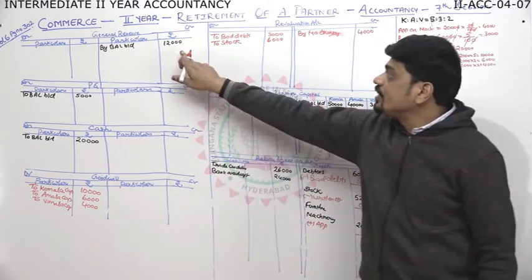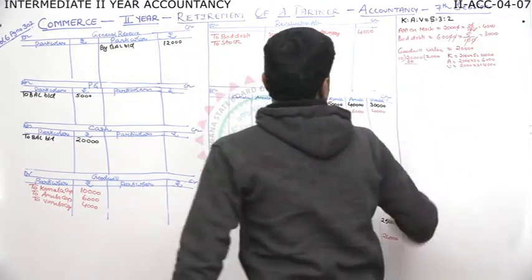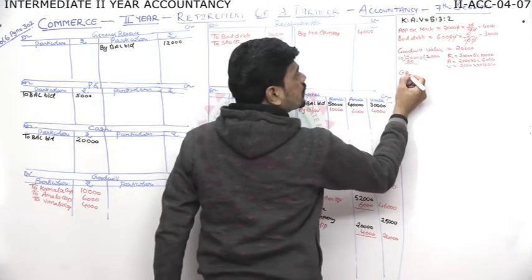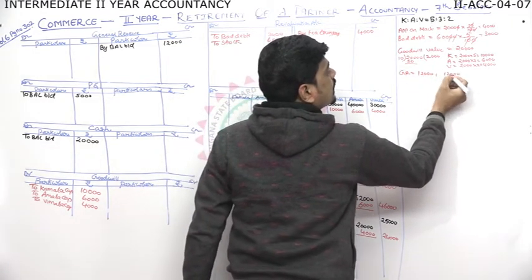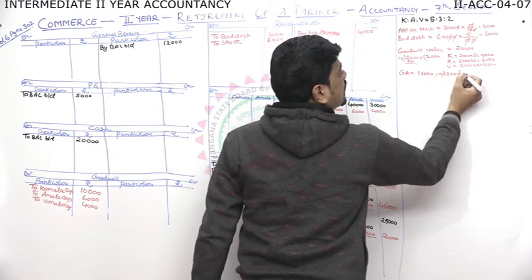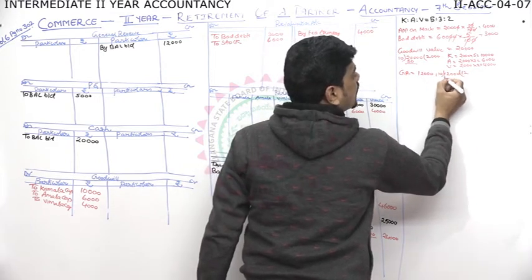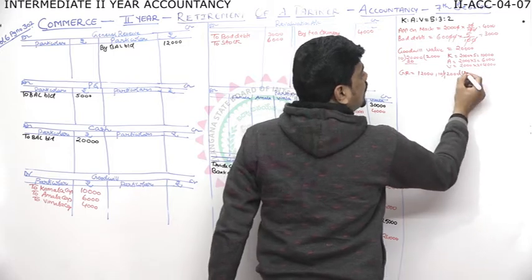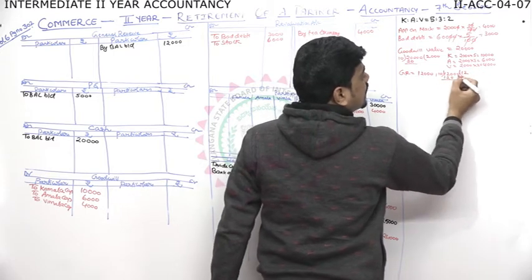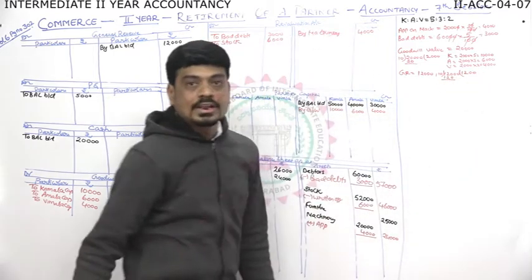Then we'll close whose account? Vimla's account. So general reserve. First general reserve will be distributed. General reserve 12,000. So 12,000 divided by 10. 10 12s are 120. 1,200 we are getting as quotient.